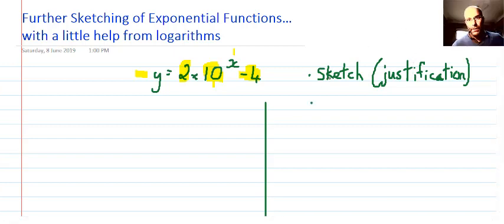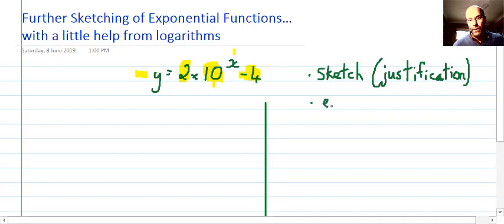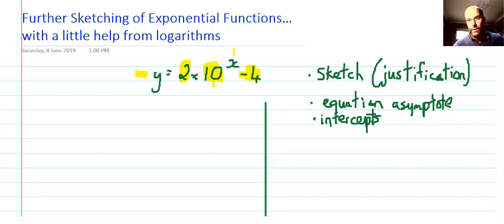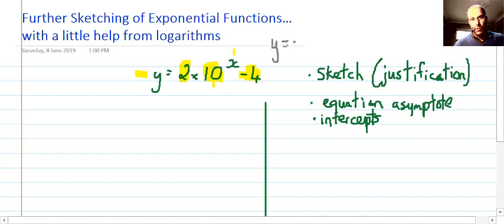The other thing we need to look at is the equation of the asymptote. And the intercepts. I use the plural there. The axis intercepts. So where does it cut the x and y axes? Now just thinking, we know that if it was just the base function y equals 10 to the x, the x-axis would be a horizontal asymptote.